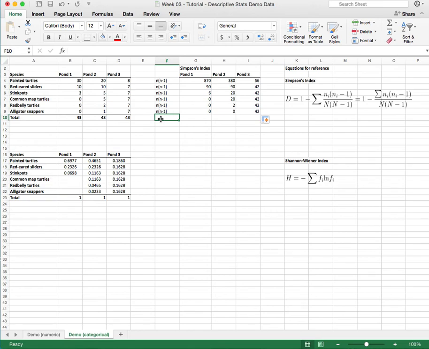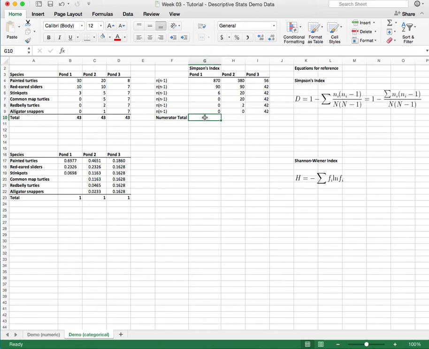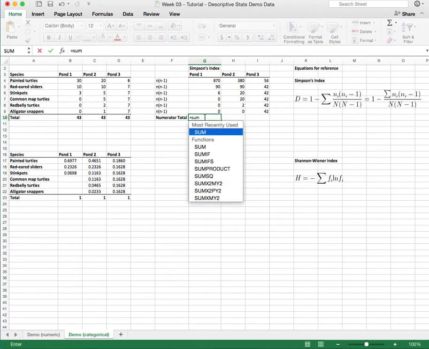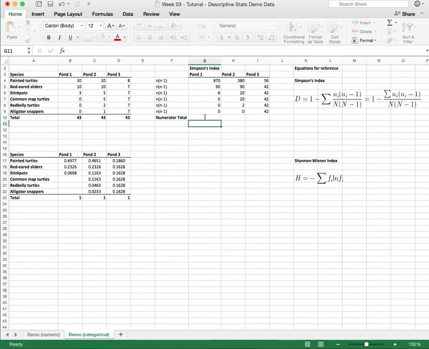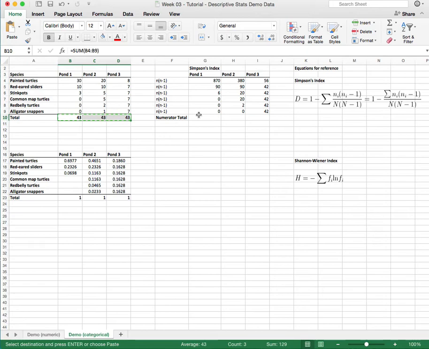And then we can go ahead and calculate our numerator total. Our numerator total is simply going to be, I'm actually just going to copy this, because we can just copy that over. Each one of those is simply getting the sum of the same number of numbers above it.